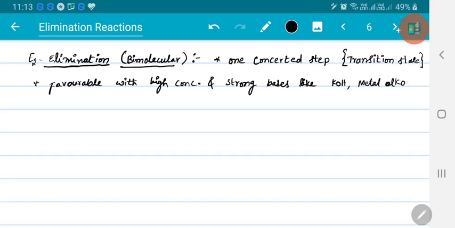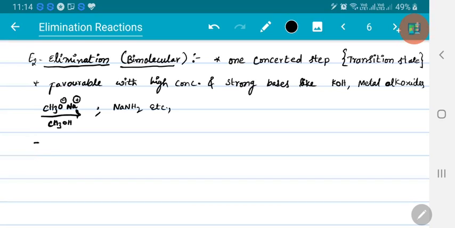Alkoxides such as CH3ONa, CH3O minus, Na plus, as such metal alkoxides. In presence of methanol, CH3O minus Na plus in presence of methanol. Similarly, NaNH2, because Na plus NH2 minus, a very strong base, etc.